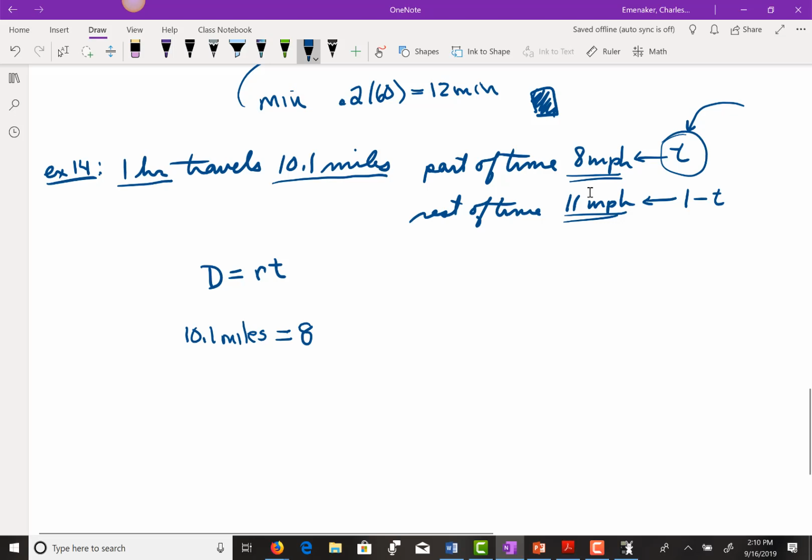Times t. So there's the distance you traveled at 8 miles an hour. Plus, part of the time was going 11 miles an hour. And how much time were you going 11 miles an hour? It was the 1 minus t, wasn't it?